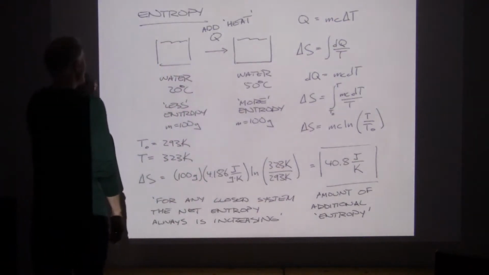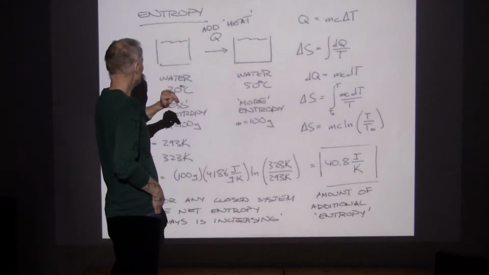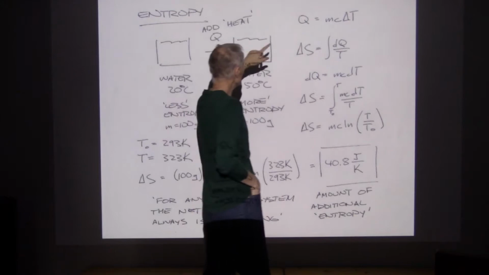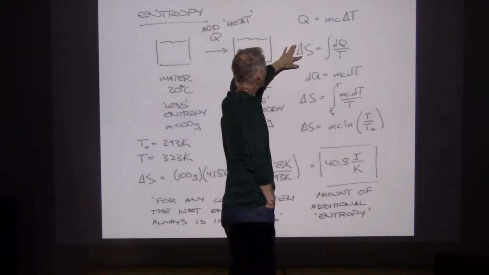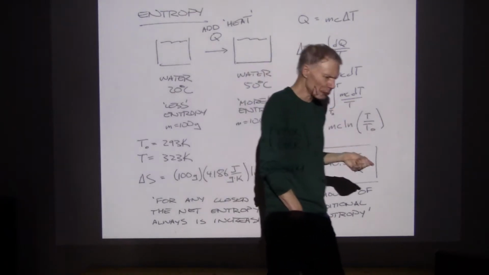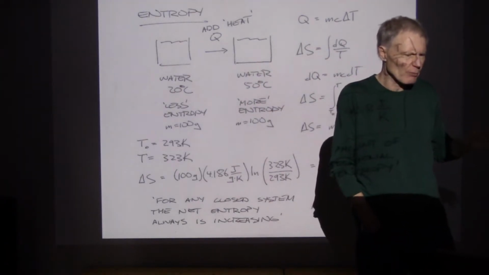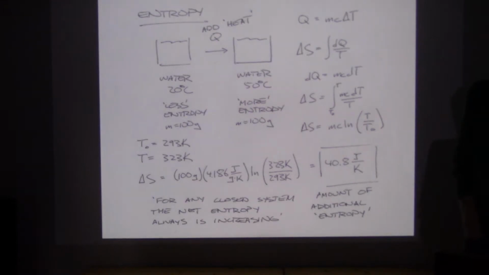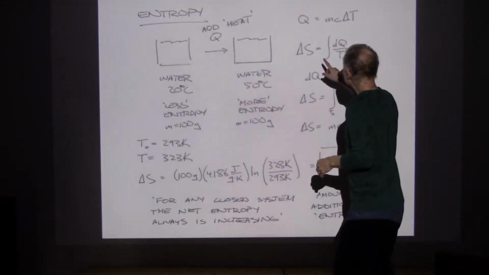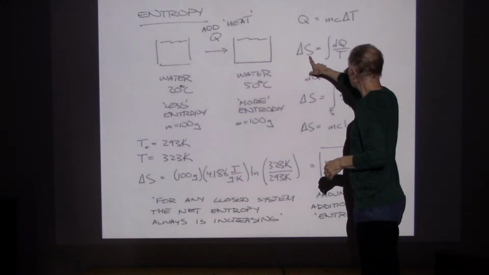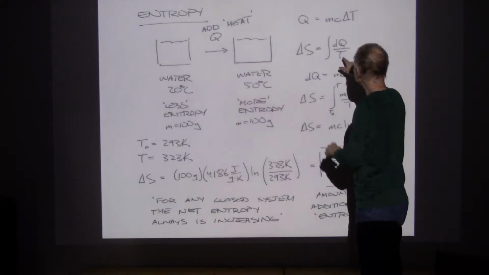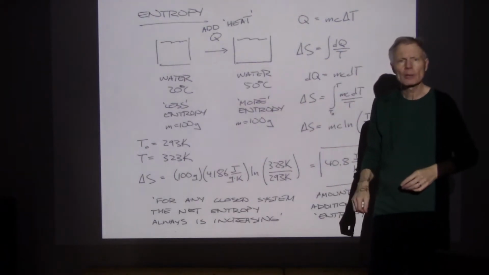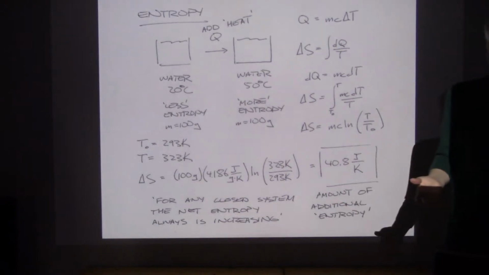So entropy, let's just write this down. We're going to do a couple of problems in straight entropy. It turns out that entropy, which is a measure of the disorganization or the randomness of a collection of molecules, depends on how much heat we transfer into the object, and it depends on the temperature at which that heat is transferred.